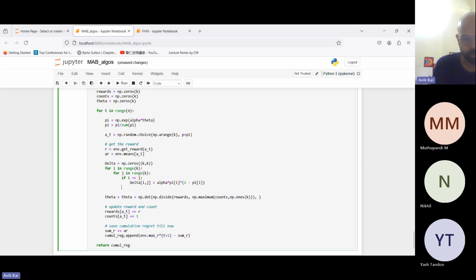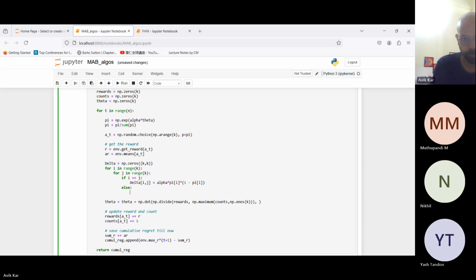And otherwise, else delta ij equals minus alpha times pi i times pi j, right?